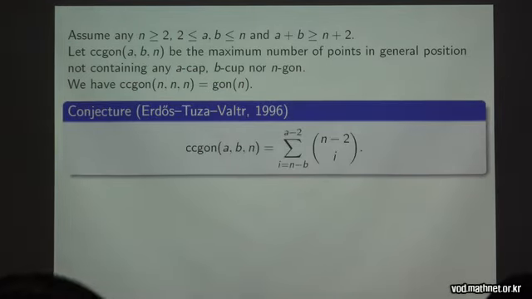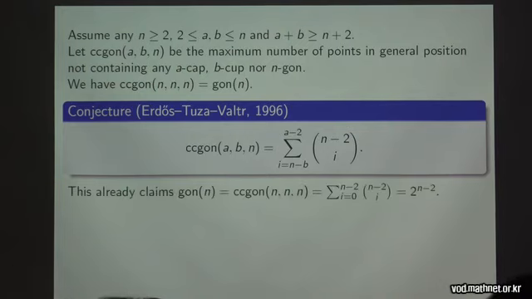Then the conjecture of Erdős, Tuzel, and Waltra in 1996 suspects that the exact value of CCgon is a summation of binomials. It may look a bit complicated, but it is actually a partial summation of Pascal's triangle.